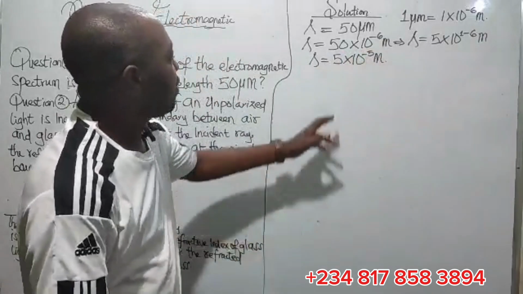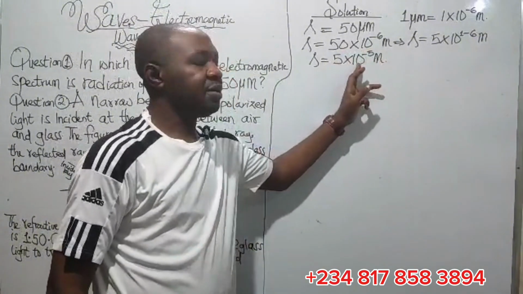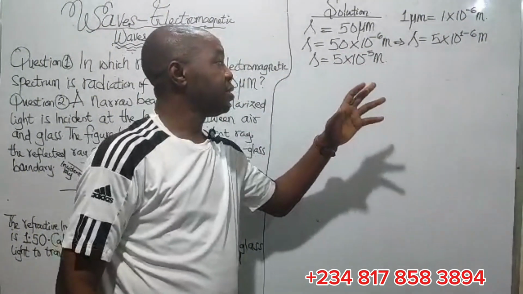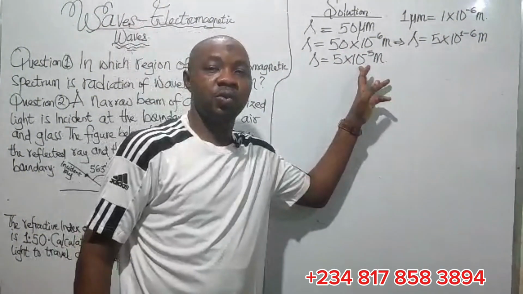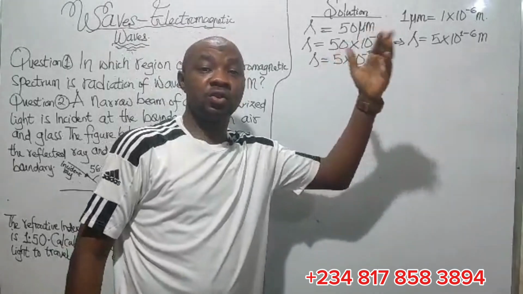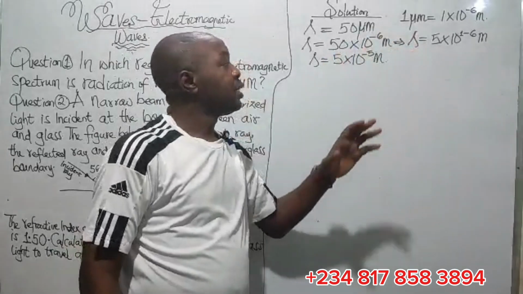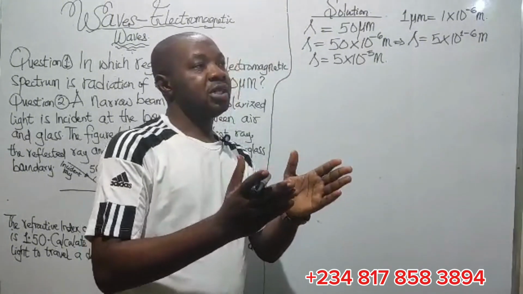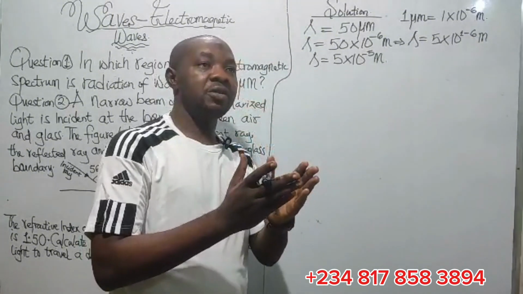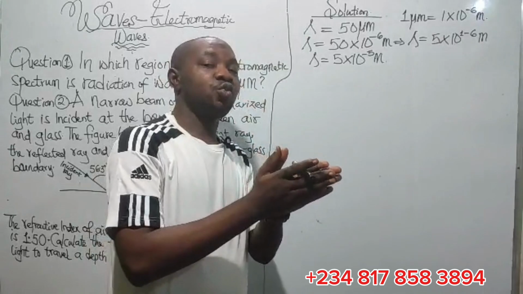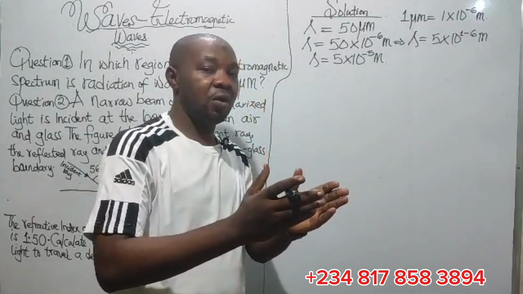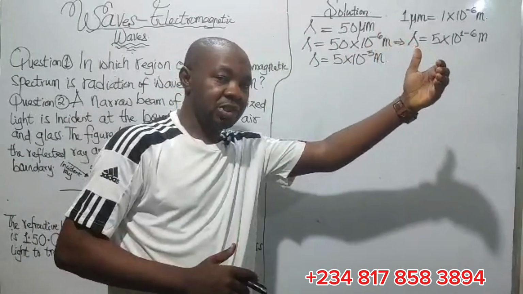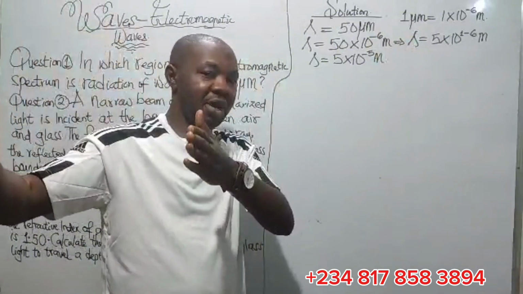Now we have the wavelength as 5 times 10 raised to the power of minus 5 meters. So the order we have here is 10 raised to the power of minus 5. This will lie in the infrared region, because the infrared region has its wavelength in the order of 10 raised to the power of minus 7 to 10 raised to the power of minus 3.